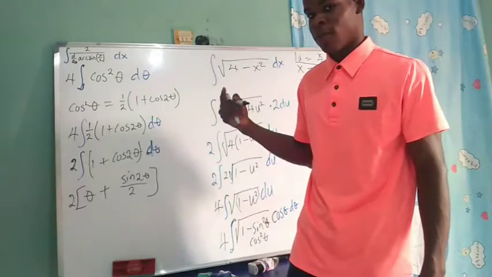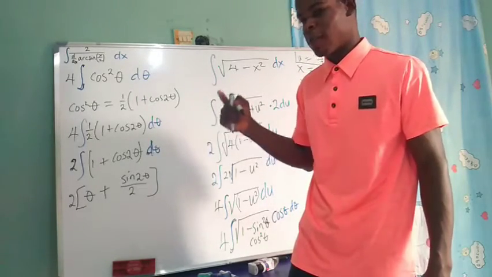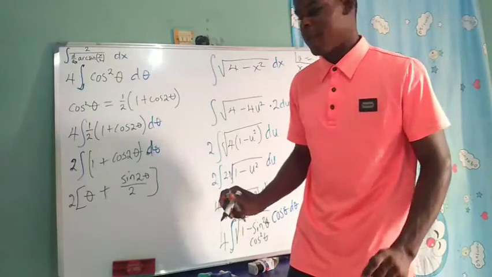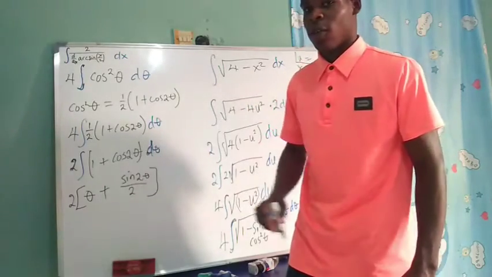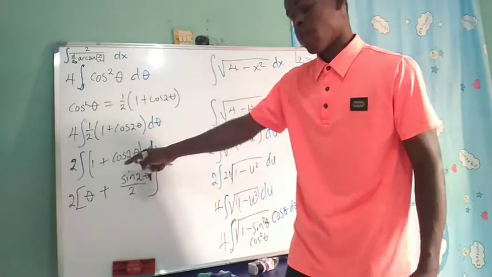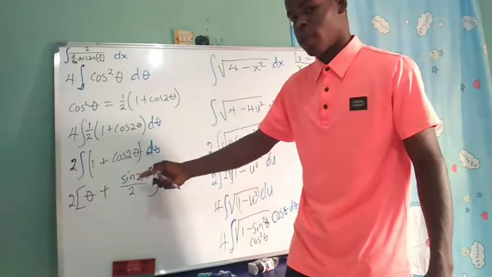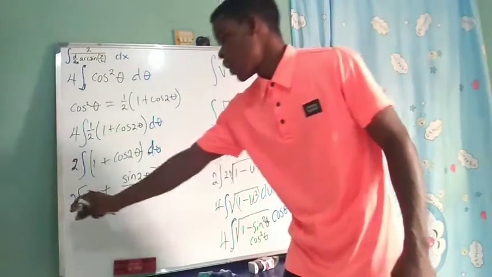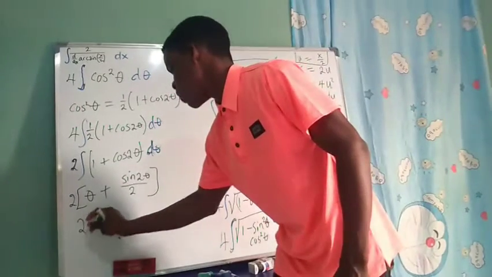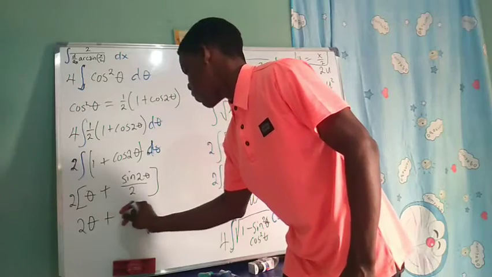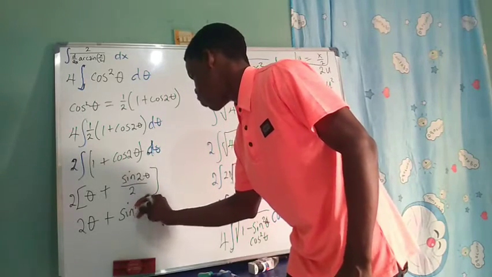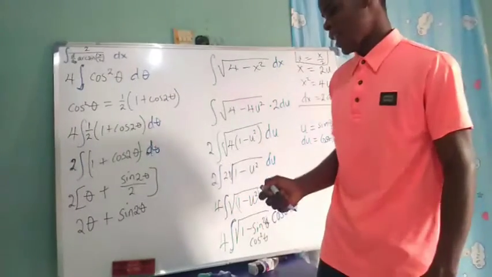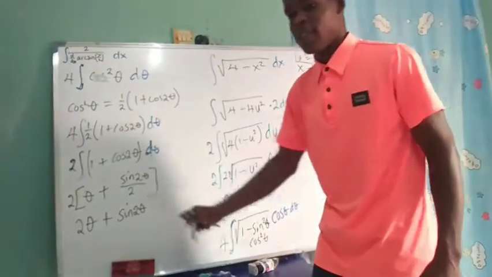The integral of cosine w is just positive sine w, with respect to w. Very simple, right? You can just try this on your own. Do use a w sub, any variable you want to make use of, to be 2 theta. Then you go on and evaluate that. So right here we'll be having 2 times theta plus sine of 2 theta over 2. Are we done? Well, if you are done, we just put in plus C.